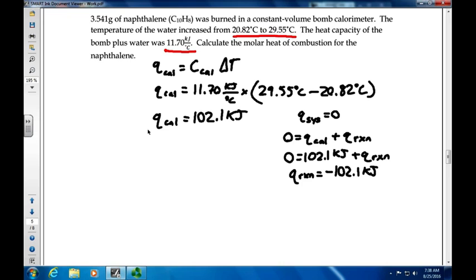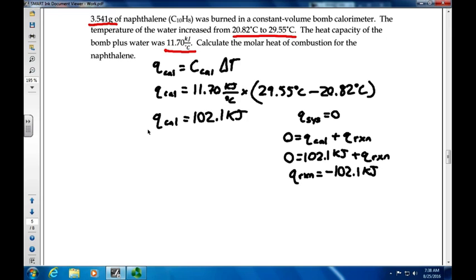The next thing we're going to want to look at is how many grams of naphthalene we have, which is given in our problem, 3.541 grams. We're trying to find the molar heat, which is the heat that relates to moles. We want our end result to be kilojoules per mole.